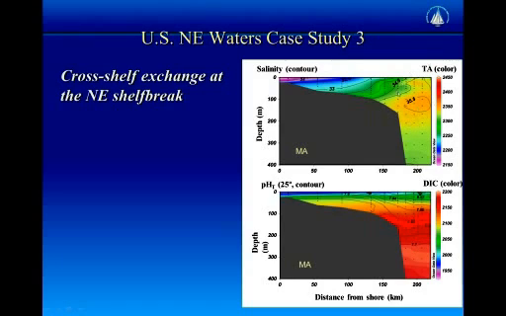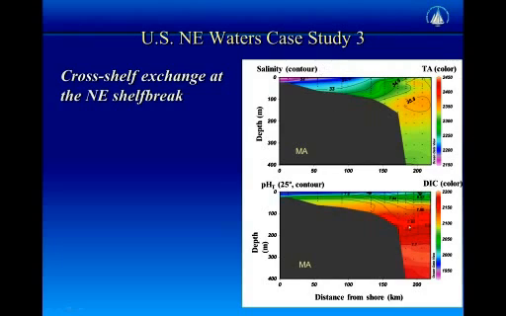The top panel is the salinity contour and the alkalinity distribution. Across this strong gradient or frontal structure, there's a decrease of salinity of about 2 units, and about 200 micromoles of change in alkalinity.